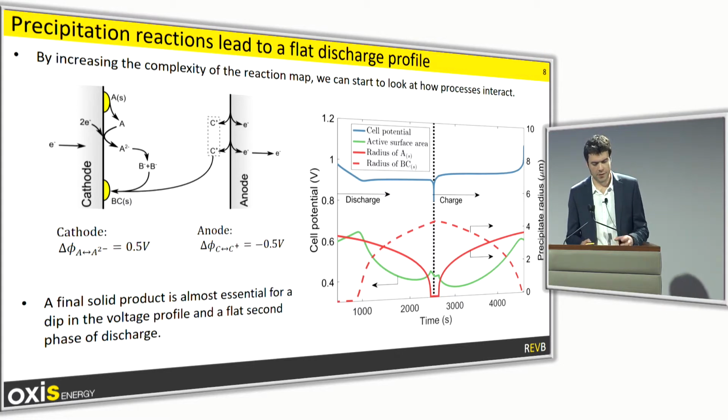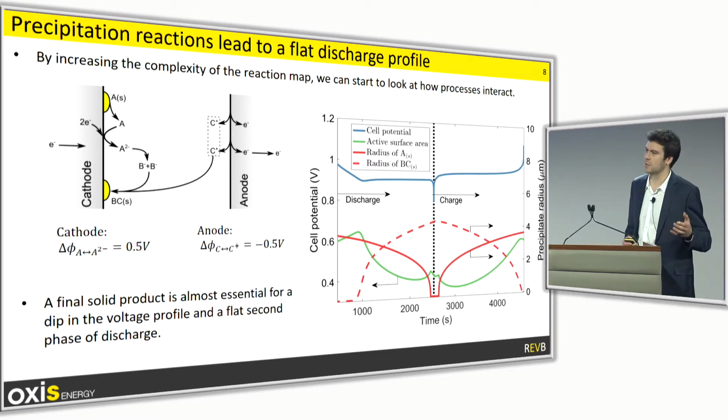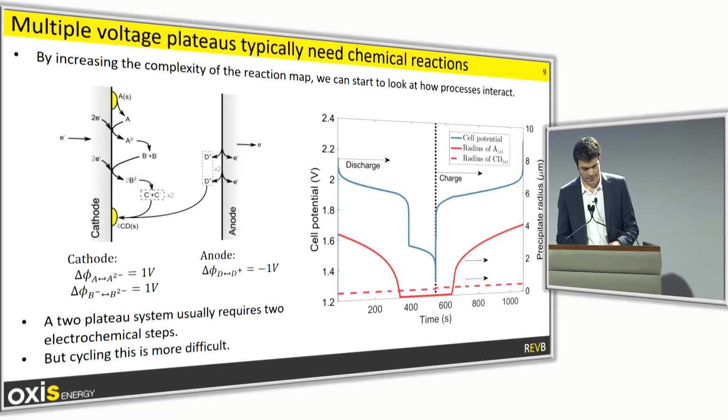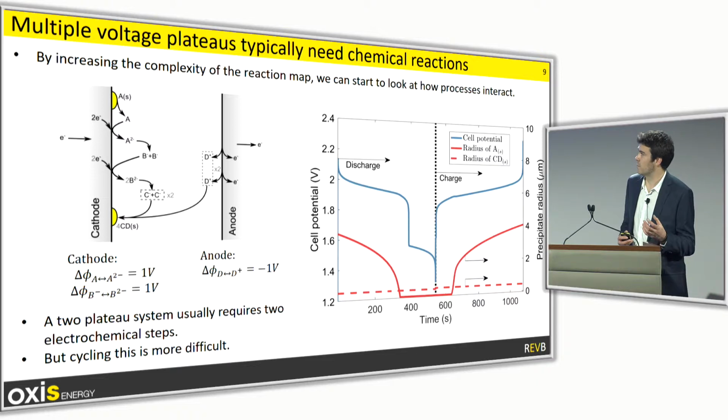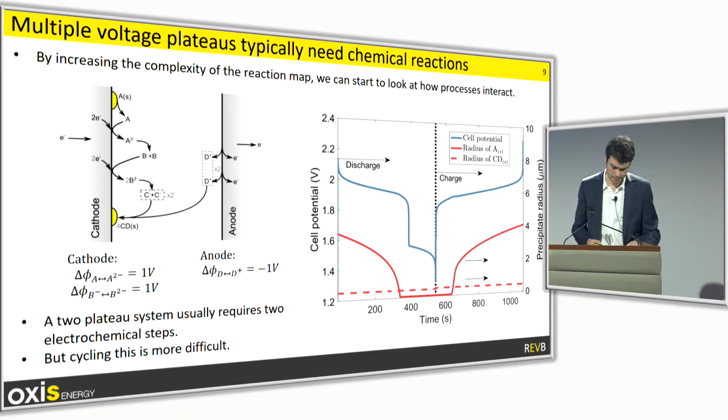Now, one of the things you can see, or rather you can't see, is that there's no high voltage plateau. To generate a system with a high voltage plateau, what we tend to find is we need two electrochemical steps. So, expanded, this is still a linear reaction chain, but we allow the first dissociation reaction to undergo a second electrochemical reaction, and then there's a further dissociation and precipitation step.